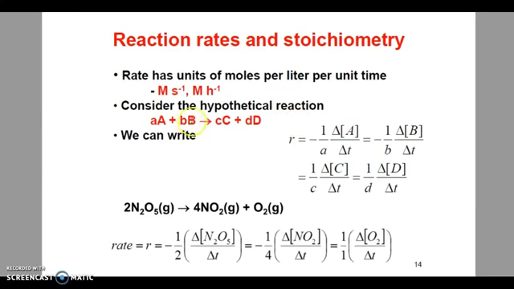A moles of A reacts with B moles of B, which gives C moles of C and D moles of D. So we can write rate of a reaction R is equal to 1 by A delta A divided by delta T is equal to 1 by B delta B divided by delta T is equal to 1 by C delta C divided by delta T is equal to 1 by D delta D divided by delta T.